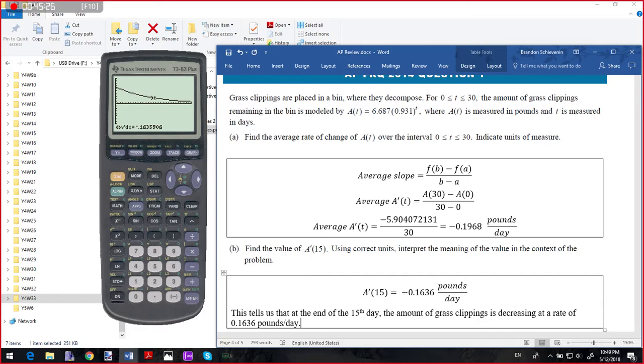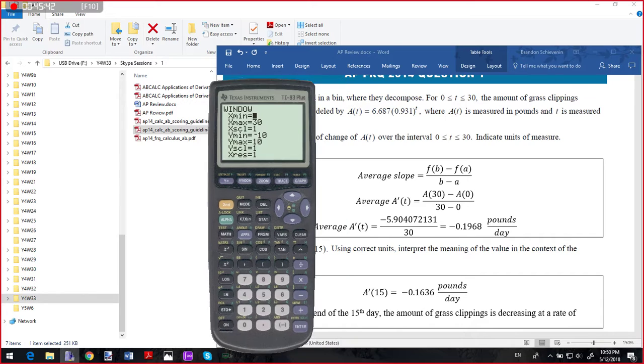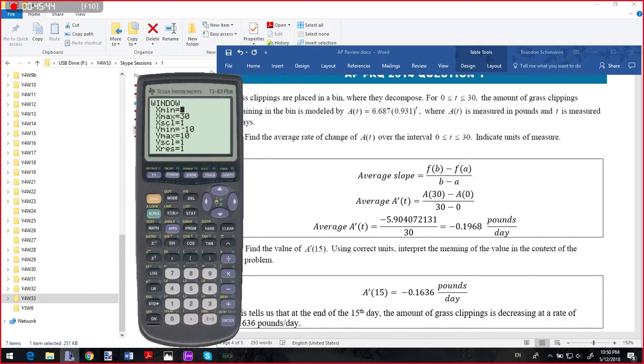Could you show me the graphing calculator process again? Sure. First step, I've graphed my function here, so hit y equals and type in your function. Second step, I changed the window. So hit window and change it from 0 to 30 because our problem says we're going from x equals 0 to 30. Okay, then graph it.